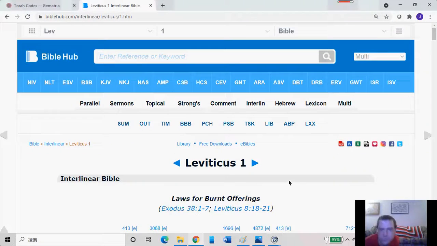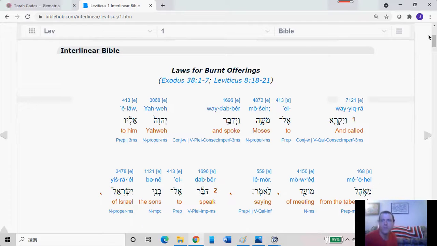Let's take a look at the interlinear, shall we? So Leviticus. Oh, I wonder if we can count how many words are in this verse. 1, 2, 3, 4, 5, 6. Oh, wait. I'm sorry, this is not the one.